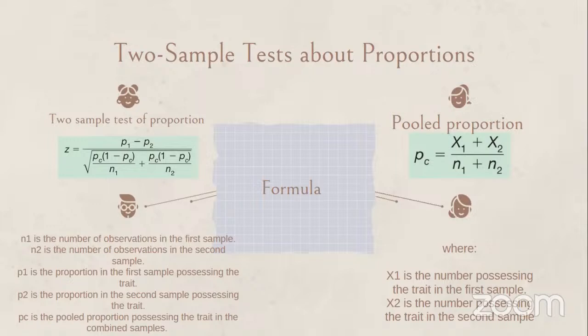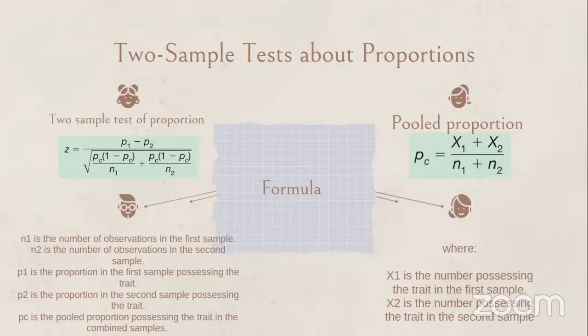Here is the two sample test of proportion formula: z equals p1 minus p2 divided by the square root of pc times 1 minus pc divided by n1 plus pc times 1 minus pc divided by n2, where n1 is the number of observations in the first sample, n2 is the number of observations in the second sample, p1 is the proportion in the first sample possessing the trait, p2 is the proportion in the second sample possessing the trait, and pc is the pooled proportion possessing the trait in the combined samples.